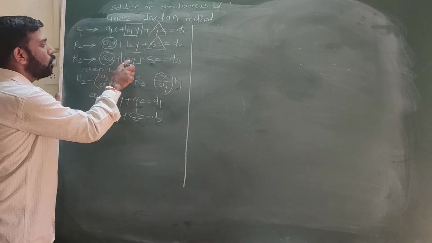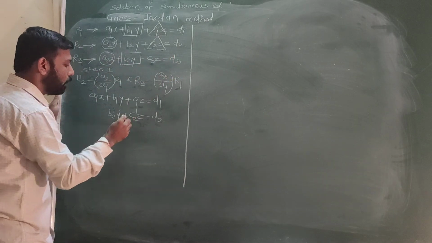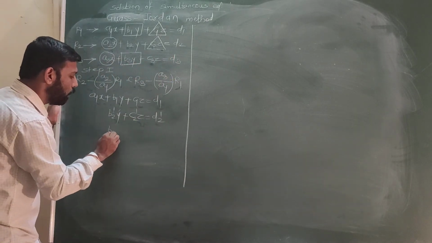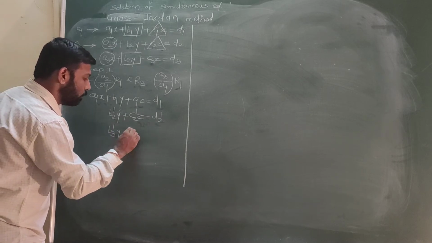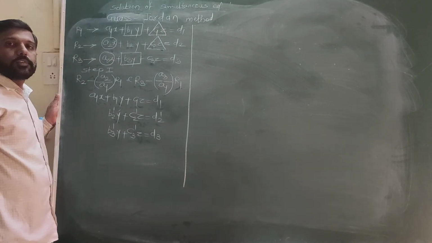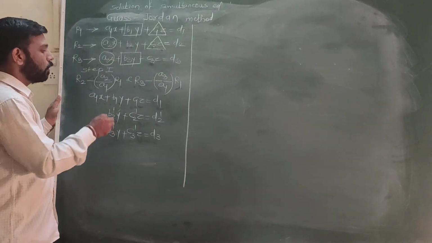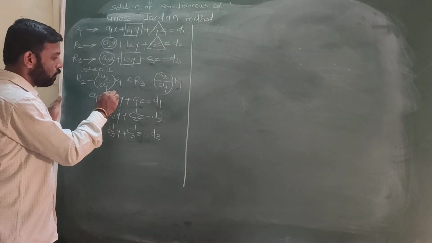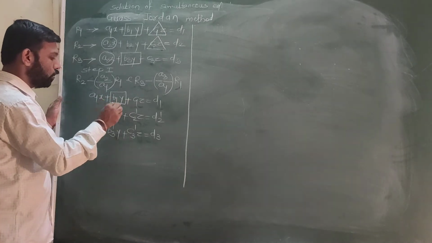Similarly, this 0 now changes in the y, z and constant coefficients, which we'll denote by dash. Step 1 completed.